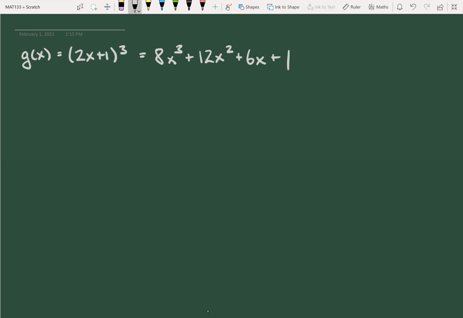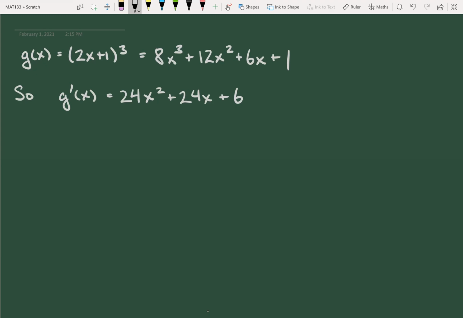I worked it out. Yeah, that looks right to me. And now at this point, we can just differentiate using our power rule. So g prime of x is 24x squared plus 24x plus 6. And boom, that is exactly what D is, right? So that's it. That's all you have to do, and you're finished.